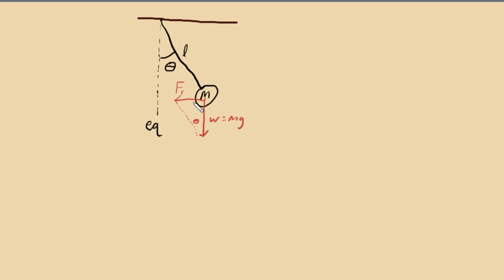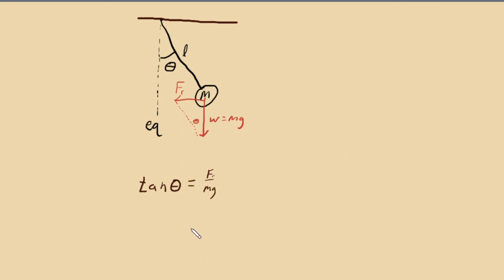And then there's this restoring force that's trying to restore the mass back to equilibrium. It wants to be sitting here at its lowest potential or lowest energy, sitting here at equilibrium. So, not the force of gravity, the restoring force is trying to get this object back to equilibrium.